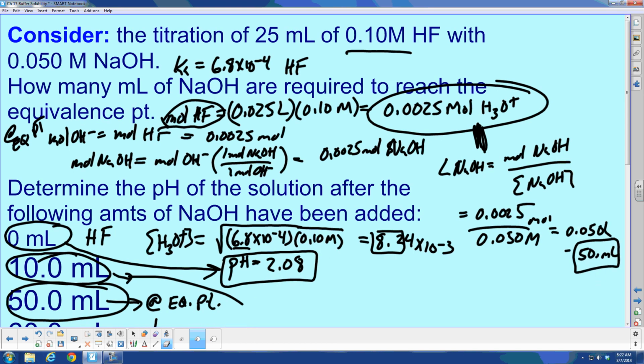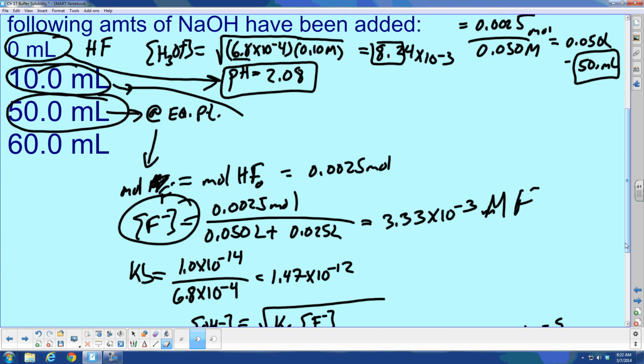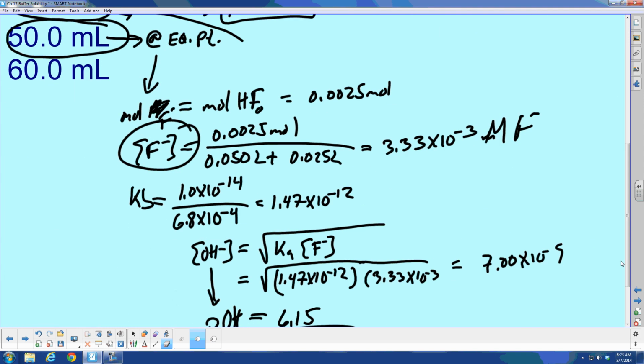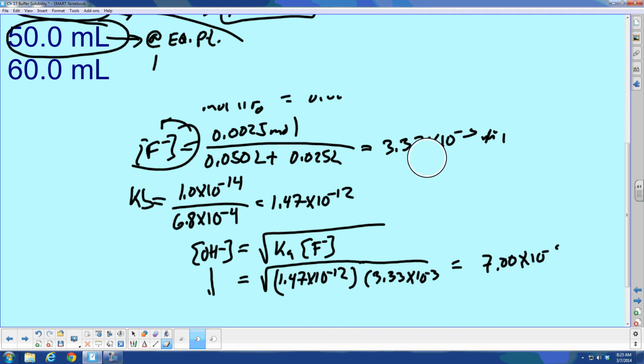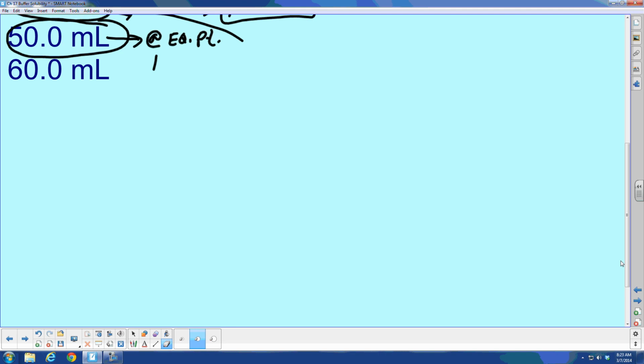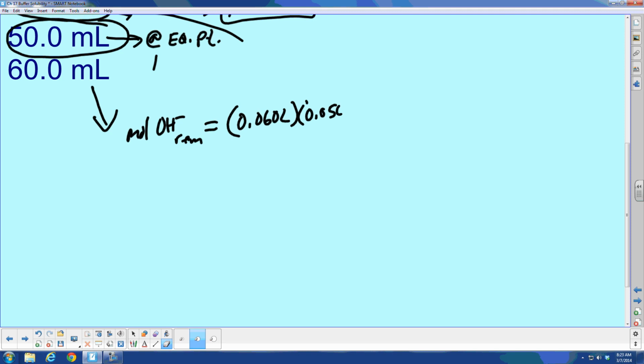All right, here we go. Let's clean this up a little bit first. Magic finger. Woohoo! And we're talking about 60 mils of hydroxide added. So we want moles of hydroxide remaining. Well, that's going to be 0.060 liters times 0.050 molar times 1 mole of hydroxide per 1 mole of sodium hydroxide, minus my HF original.